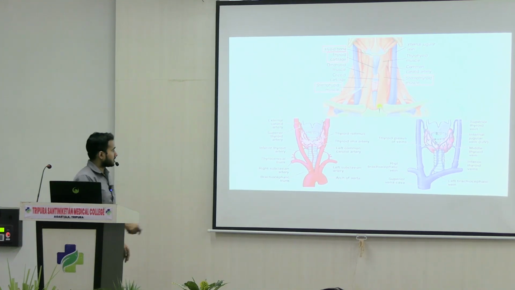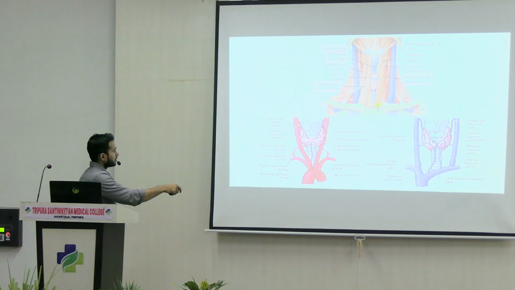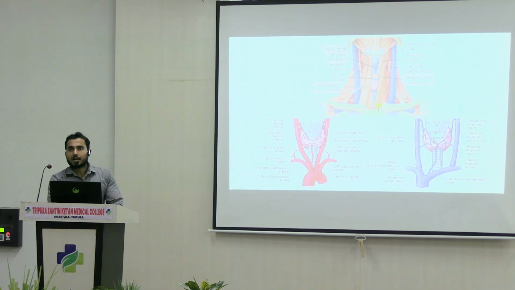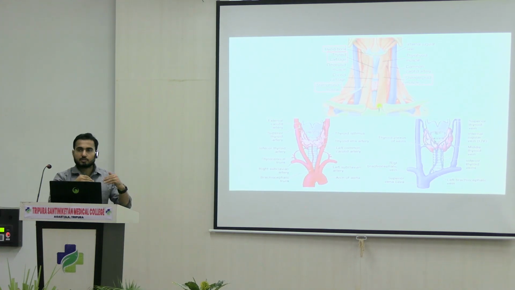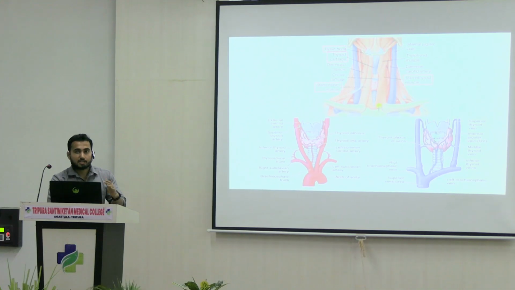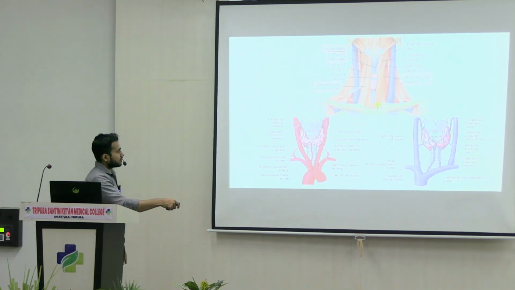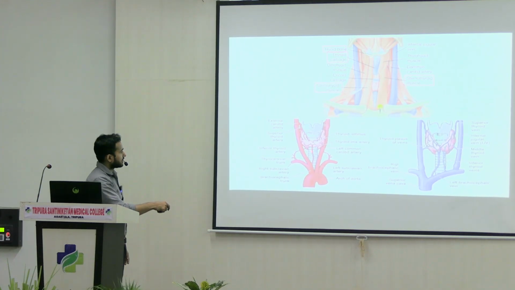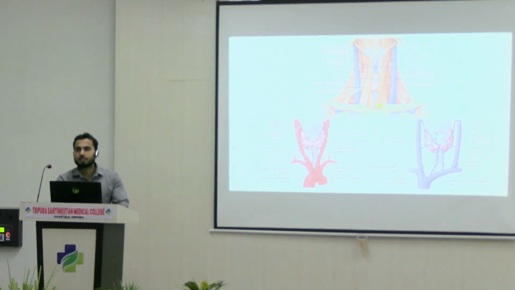Next, see, this is the superior border. In the superior border, you can see the anastomosis between two arteries, the two anterior branches of the superior thyroid artery. That is present in which border? Superior border. Inferior border: as you can see, in the inferior border the veins are leaving the thyroid gland, and occasionally an artery is present called the thyroidea ima artery, which in most cases arises from the arch of the aorta.